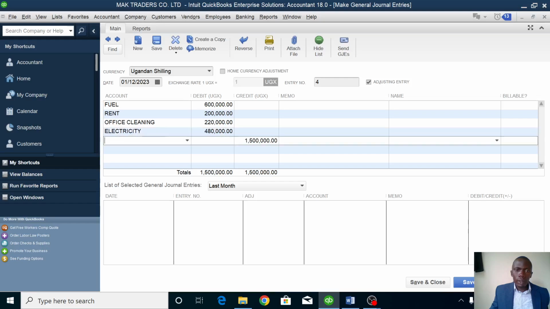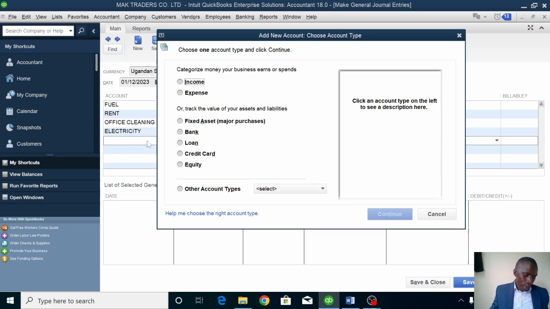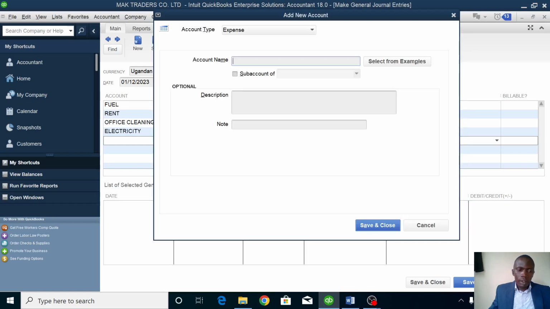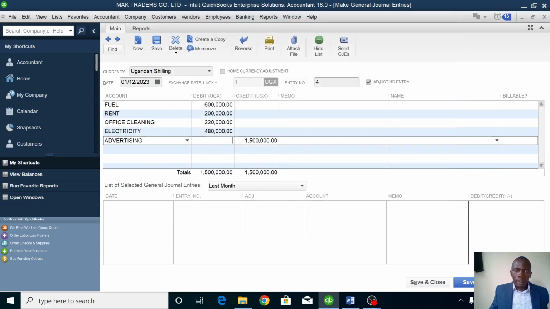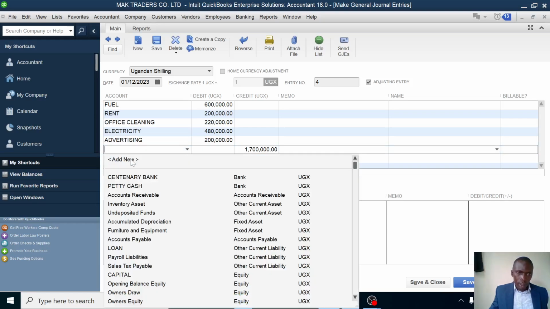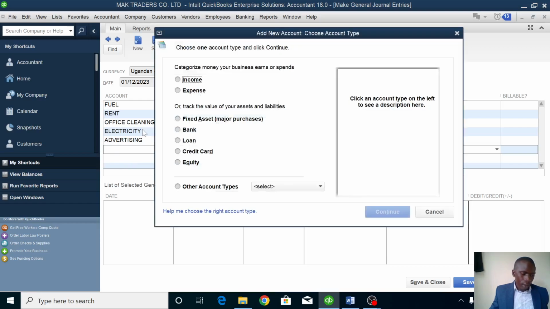So we move to the next item, which was advertising. Also under expense, say advertising. We save and close. So our amount was 200,000. Then we move on to the next item, which was audit fees.